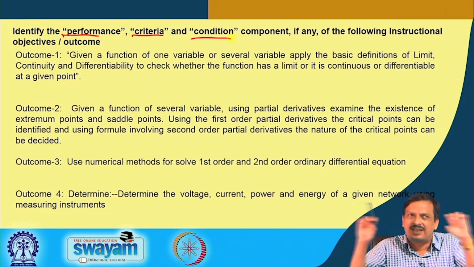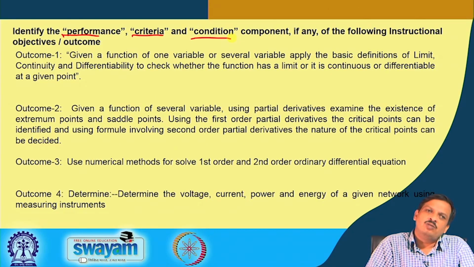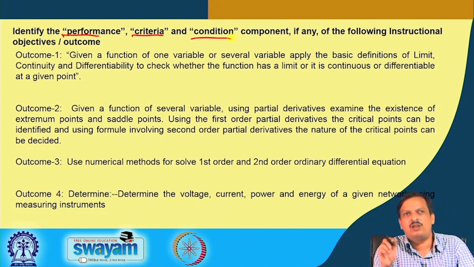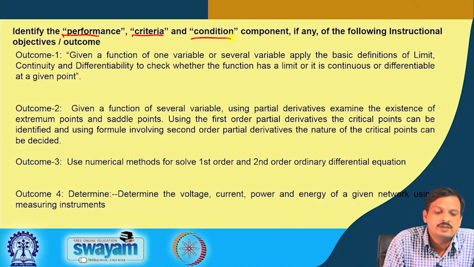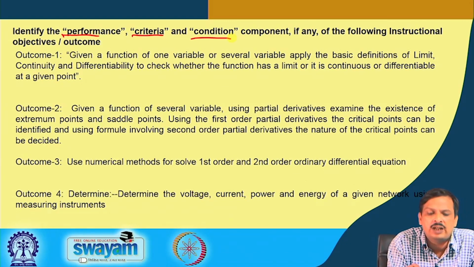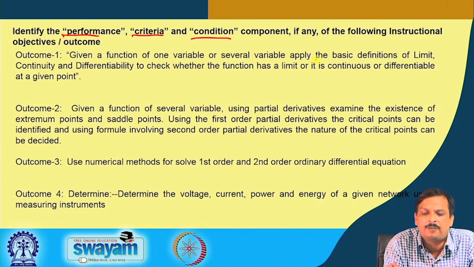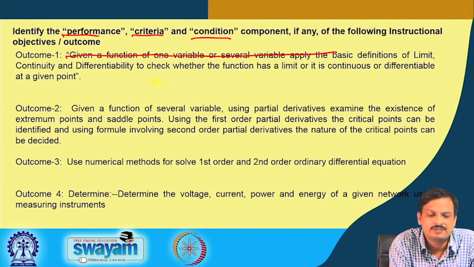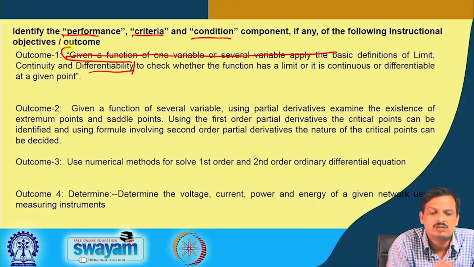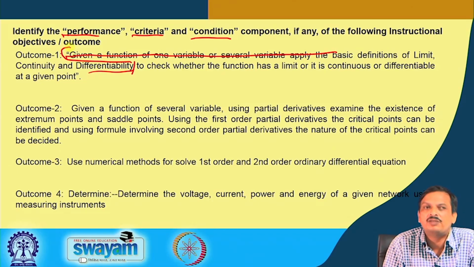Suppose an outcome is given; you have to find out which one is the condition component, which one is the criteria component, and which one is the performance component. Let us see example 1. Given a function of one variable or several variables, apply the same example I have given. Up to this is called the condition component.